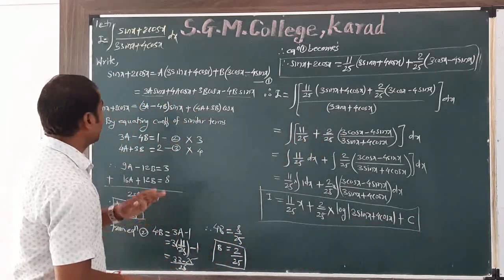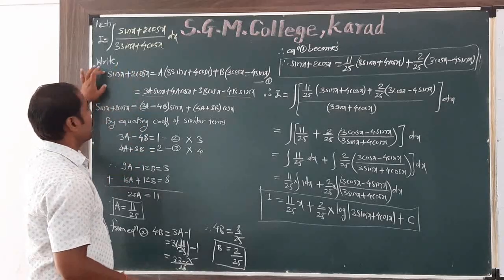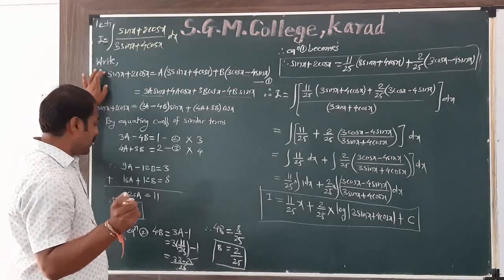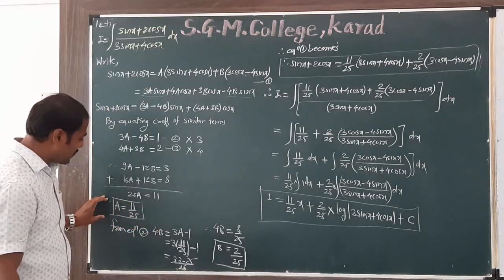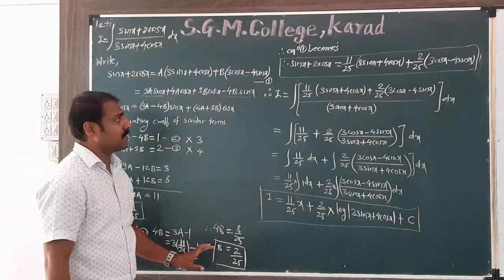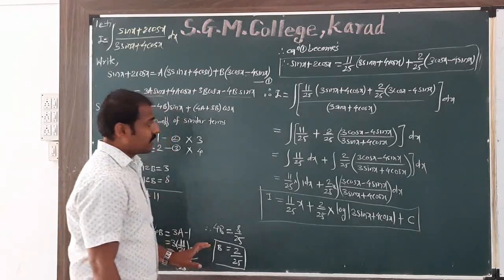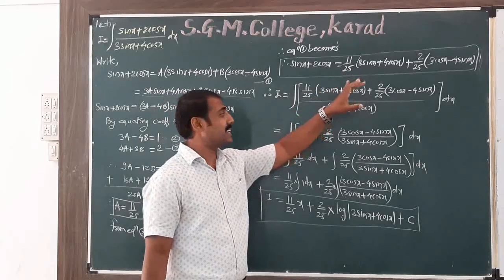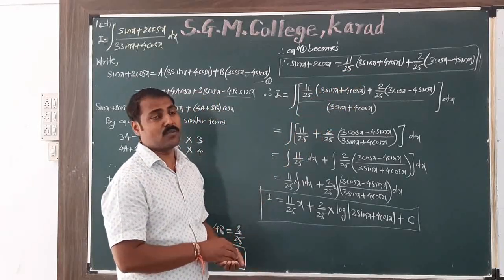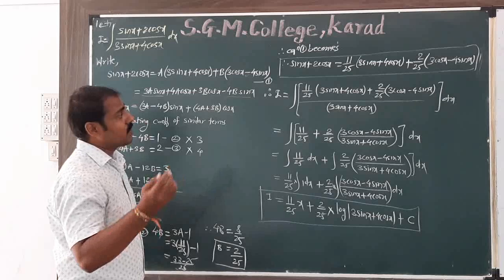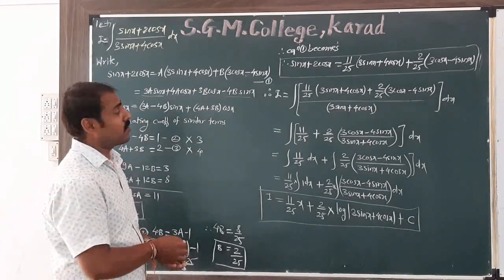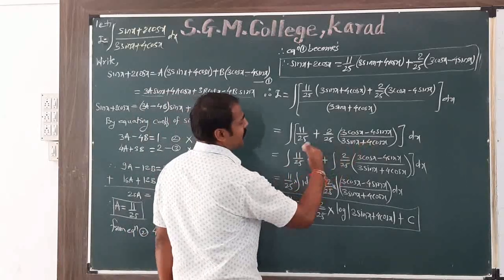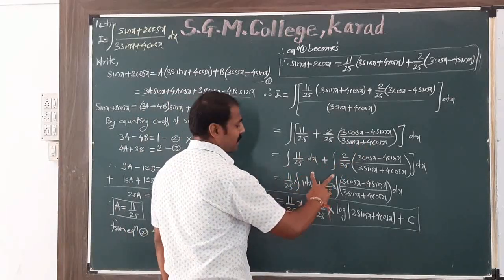Okay? Look at here. First, write numerator as A into denominator plus B into derivative of denominator. On second step, find the values of A and B. After finding the values of A and B, replace numerator in the given integration as numerator is equal to A into denominator plus B into derivative of denominator by putting the values of A and B. On separating denominator, we get two types of integration.